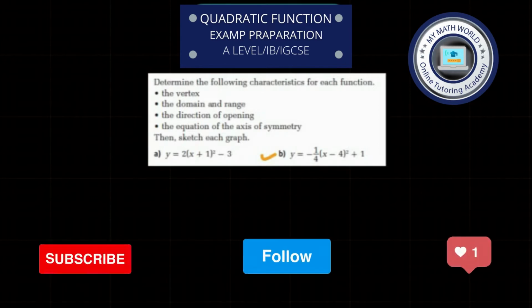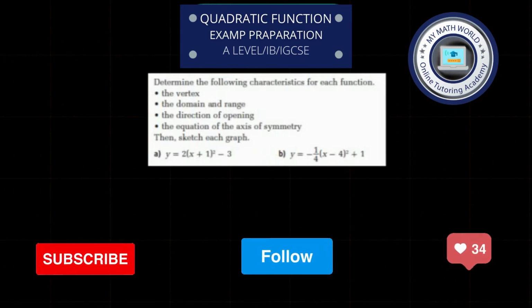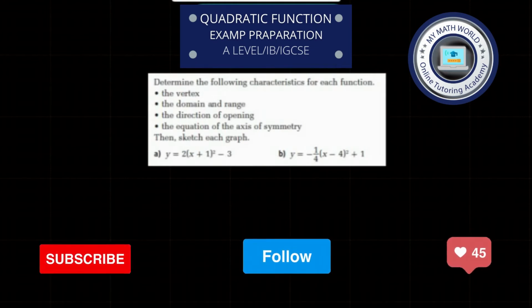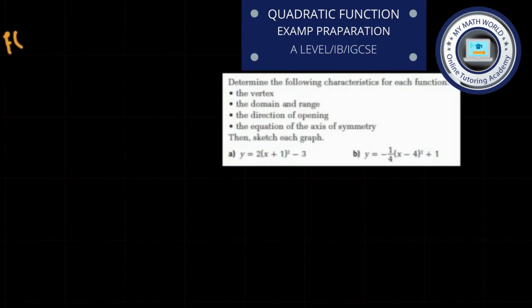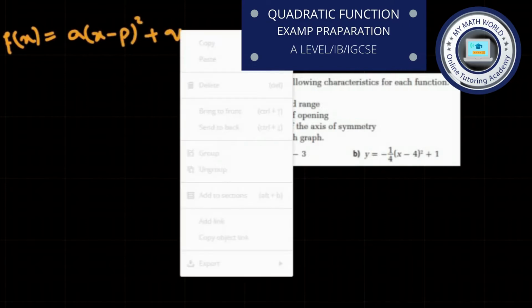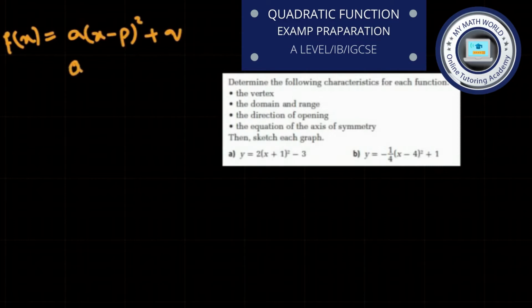Okay, so let's also revise the previous concepts. Let me write the vertex form of the quadratic function over here. f of x is equal a times x minus p whole square plus q, where this a can never be 0. This is the important point to note. And now let's write the given equation, which is the quadratic function.